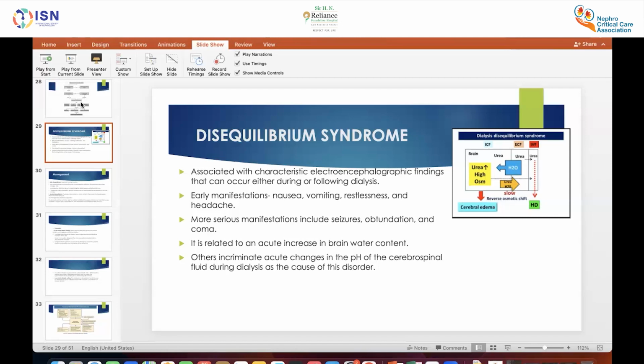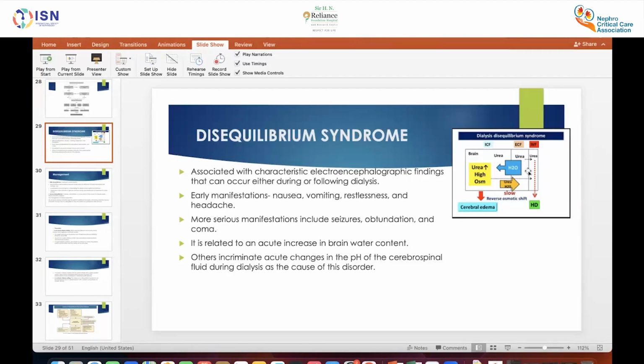I don't know whether my pointer is visible. No, sir. I can do that. Yeah. That is the intracellular fluid. Just nearby is the extracellular fluid. The extracellular fluid has two compartments: one is the interstitial compartment, the other is the intravascular compartment.